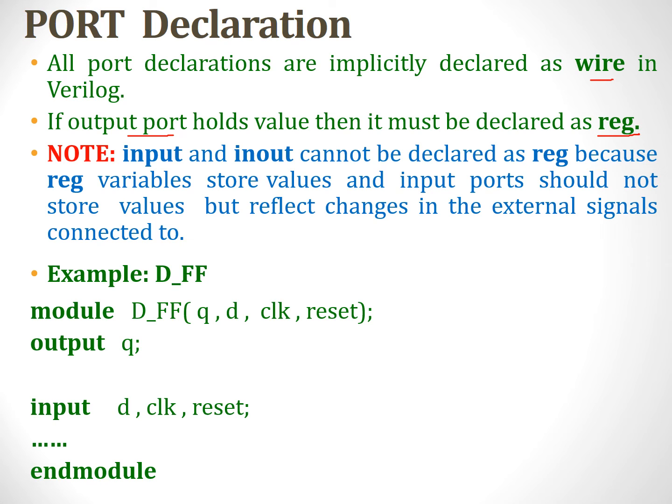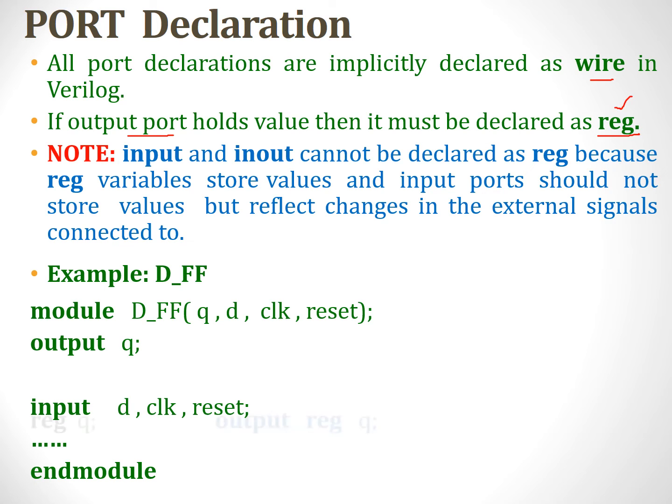Now in a D flip-flop, we want the flip-flop to store the value of the output, that is Q should hold the data. So if you just declare output Q, then this Q acts like a wire and it cannot hold the value. So what is the rule we just studied? All the output ports must be declared as a register if you want it to store some value.